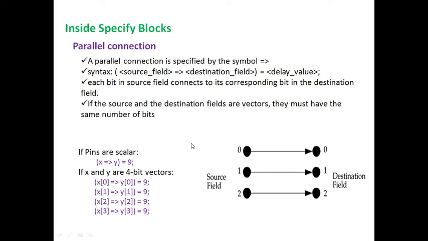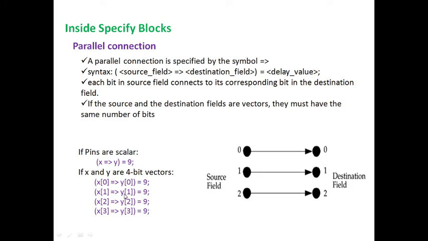Okay, but if the source and the destination are vectors, that means they must have the same size or same number of bits, because here x and y are both scalar quantities, but in this one x and y are 4-bit vector quantities. So the parallel connection will be for corresponding bits itself.